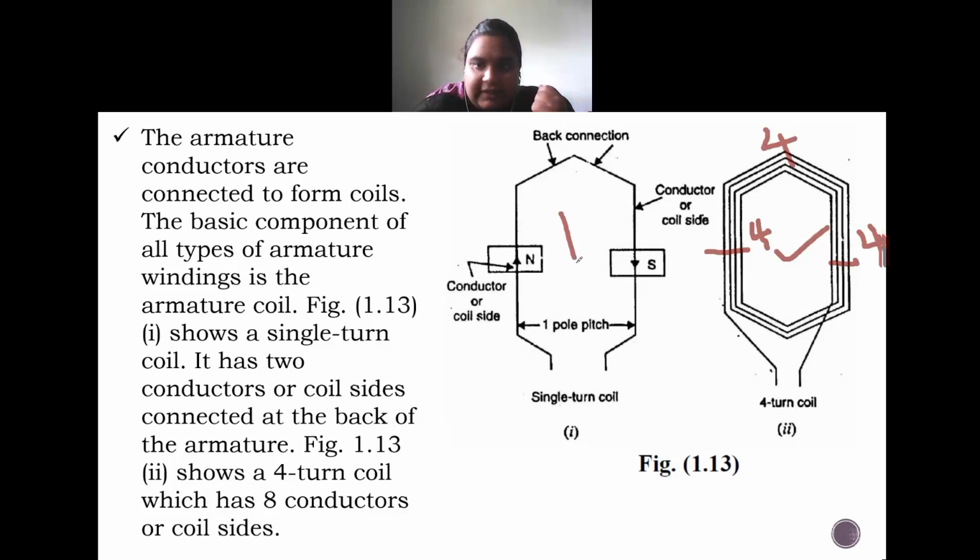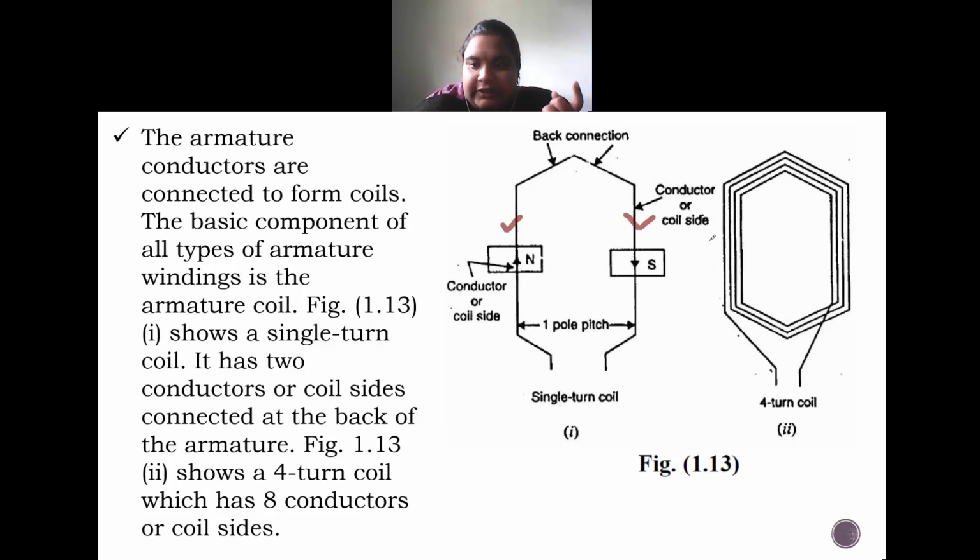This is called a single turn coil because only one pair of conductors is there, that is, only one conductor under the influence of one pole.